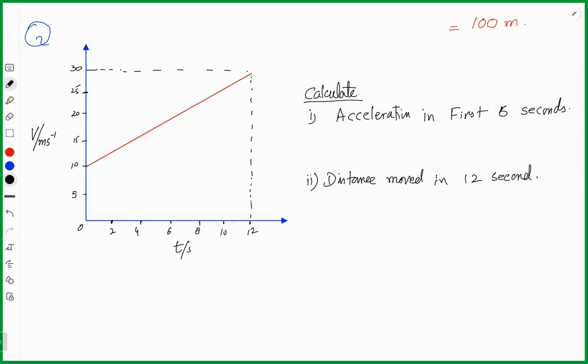Sir, for the first, I got 1.6 meters per second squared. Your voice got interrupted, can you repeat? So I got 1.6 meters per second squared. You made an incorrect rounding off over there, so it will be 1.7. Oh, see, you cannot be casual about that.